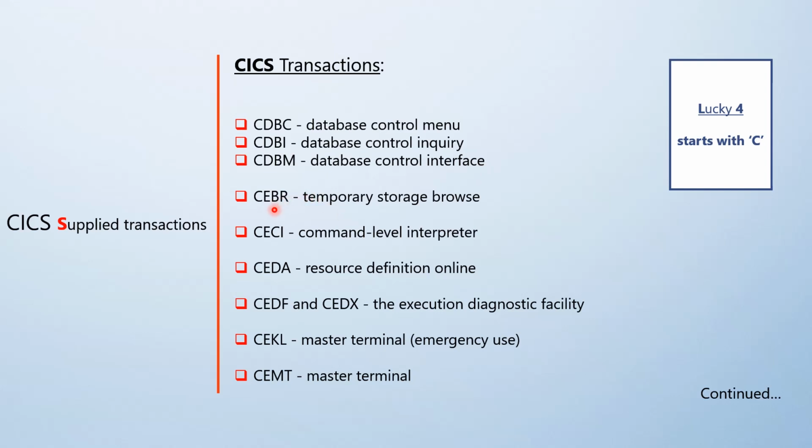The next transaction is CEBR, which is used to browse the TSQs, and the CECI transaction is also called the command level interpreter, with which you can trigger the EXEC CICS commands or the CICS API commands.